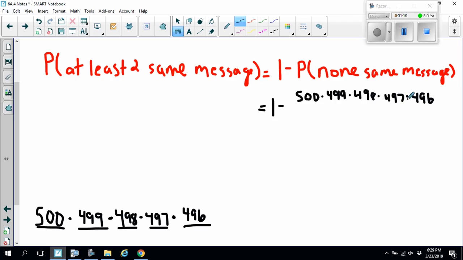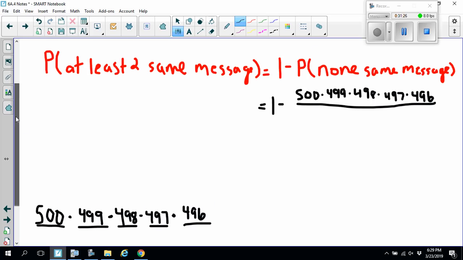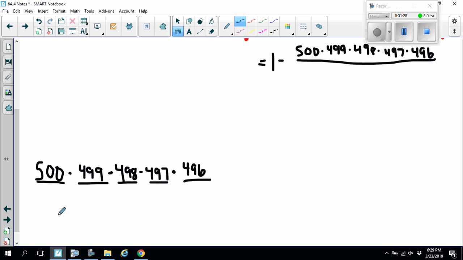Now we need to put this all over the total amount, so all the options. Once again, we have 5 people. But if we're thinking about the total amount, this also includes those where all of them get the same message or none of them get the same message. To include all of those options, the first person can choose from 500.